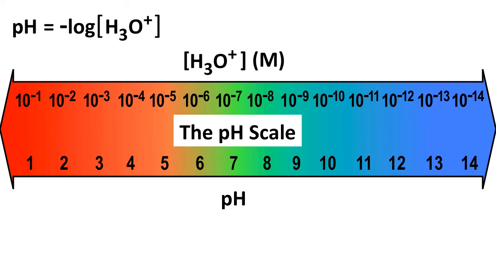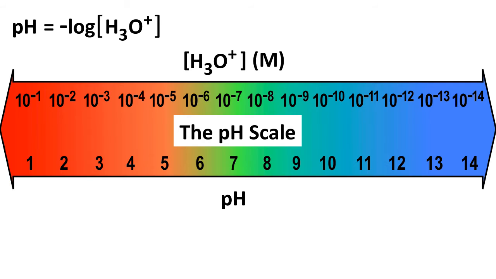So notice the huge range of concentrations, and of course we can have higher concentrations out this way and lower concentrations of hydronium this way, but many orders of magnitude range of hydronium ion concentration.